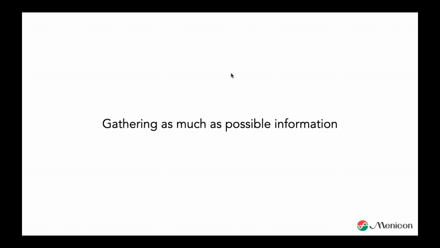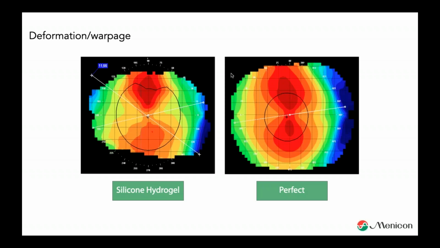So, getting as much information as possible. Well, a simple example of that is that we can look at corneal shapes. What we see here is a kind of deformation of the cornea caused by a silicone hydrogel lens. We call it a warpage in the Netherlands, but maybe in your country as well. It's a deformation of the cornea caused by a contact lens.